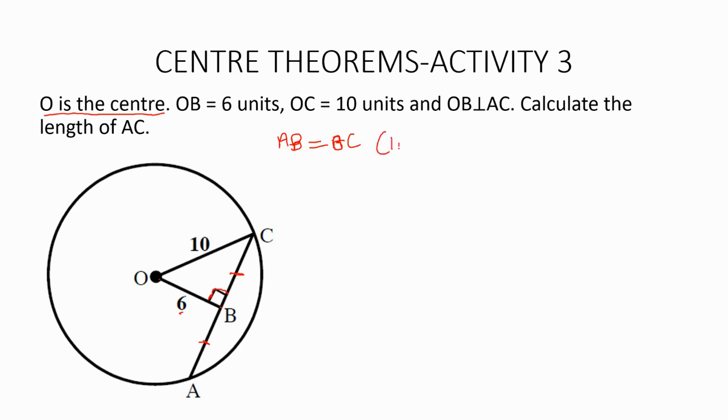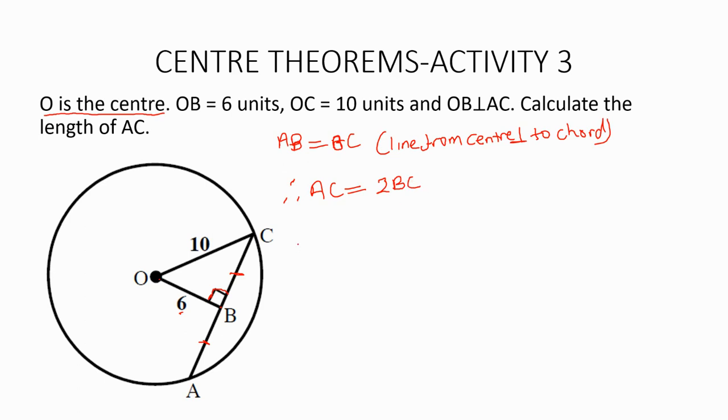Because it is a line from the center, perpendicular to the chord. A line from the center perpendicular to the chord will bisect the chord. So now it means we can find BC, and then after finding BC, we can multiply BC by 2 to find AC. So therefore AC is equal to 2 times BC, because AP is equal to BC.